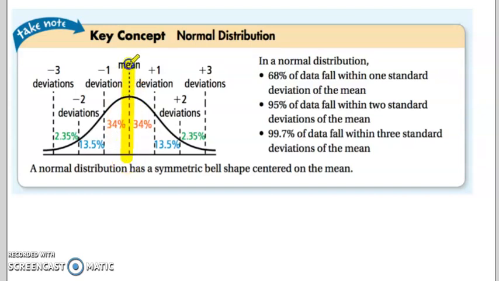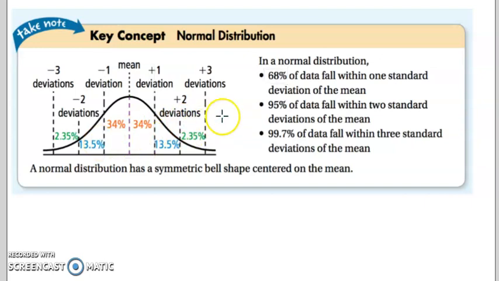So your mean is always smack dab in the middle. And then from there, within one standard deviation of the mean, is going to be 68% of your data. So 68% is within one standard deviation. So one deviation higher, one deviation lower. Here you can see that that's marked as 34 and 34%. Well, that's just half of 68.